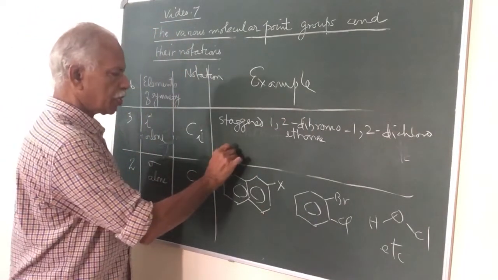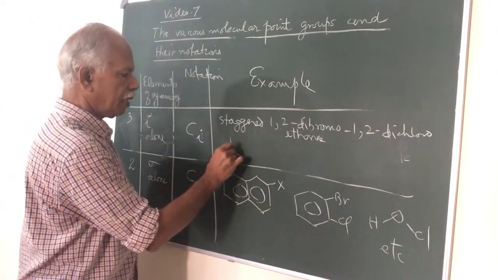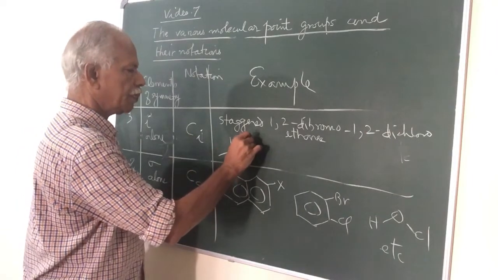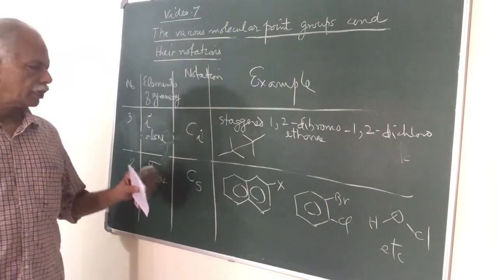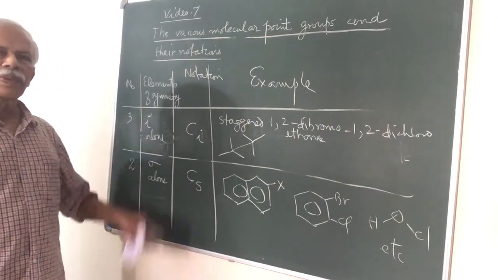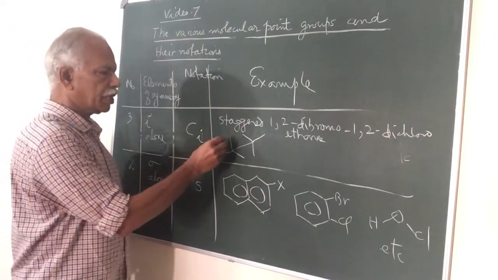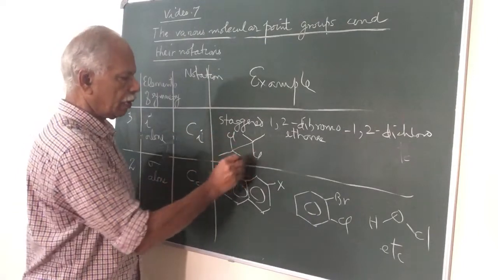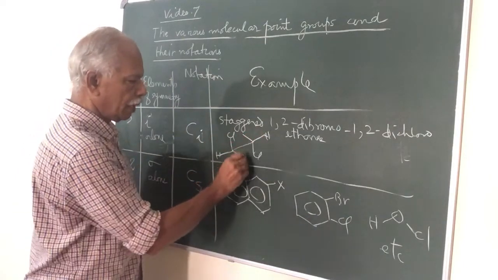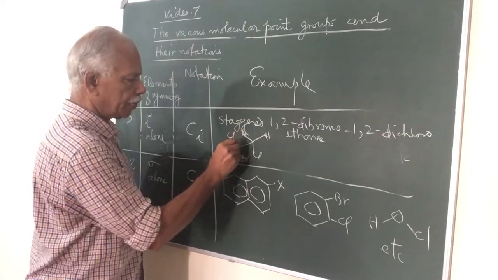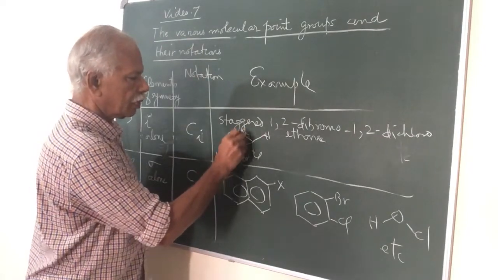The sawhorse projection can easily show the location of the single center of symmetry: chlorine, chlorine, hydrogen, hydrogen, bromine, bromine. This is the central point.